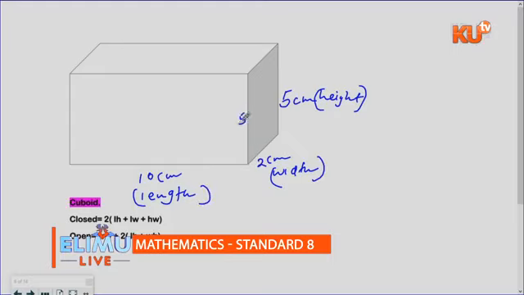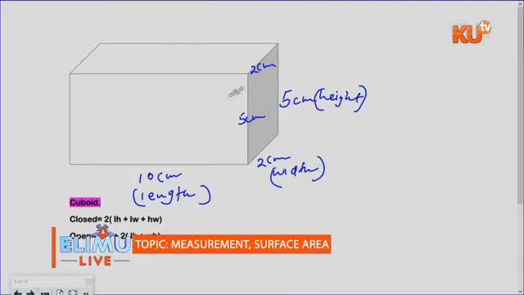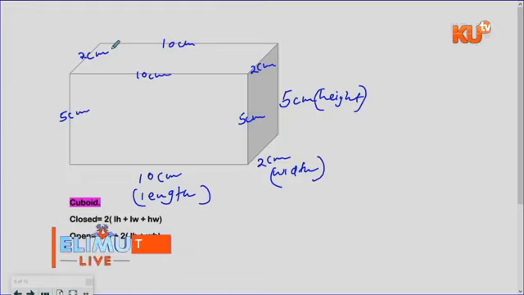Now it is important to indicate the measurement of each side. So this is 5, this is 10 centimeters, this is also 10 centimeters. Of course, here is going to be 5 centimeters, and this one is 2 centimeters. Then we find the area of each face.